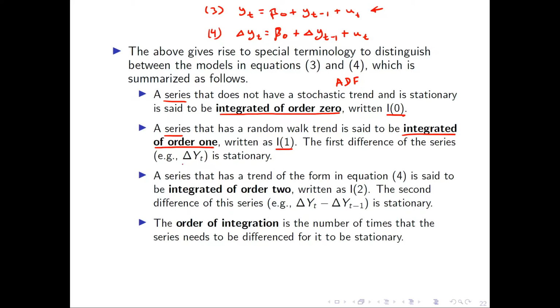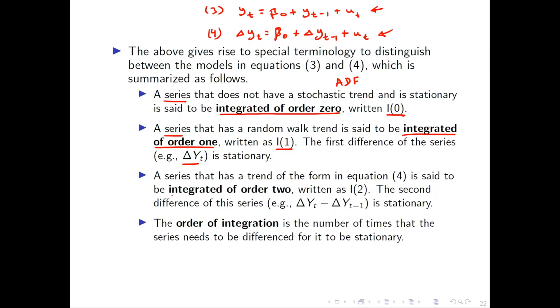Just work with a time series of differences. But if the difference of the series is a random walk itself, like this, then you have to difference the time series twice.